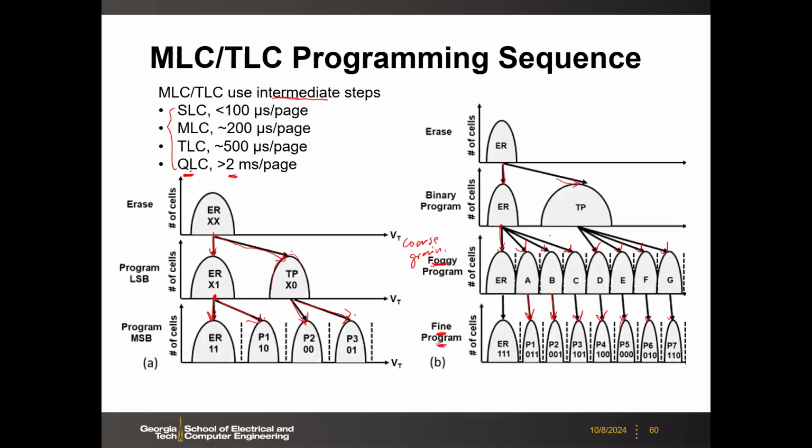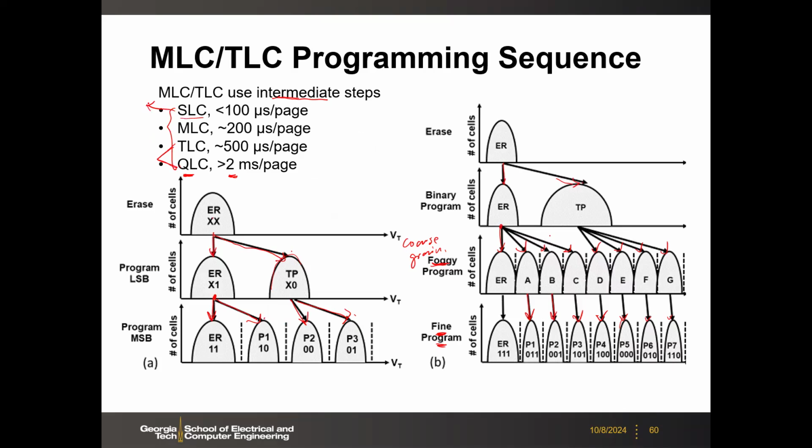By the way, before we move on, that's why, as I said earlier, the majority of SSDs on the market are TLC and QLC, because you care about the capacity and also the cost. But still, there is a product line based on SLC.